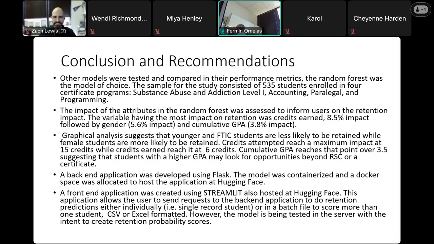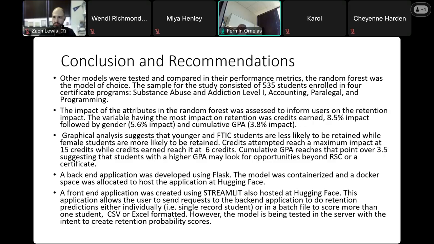Again, the models were compared and tested for performance on 535 students that were enrolled in substance abuse and addiction level 1, accounting, paralegal, and programming.